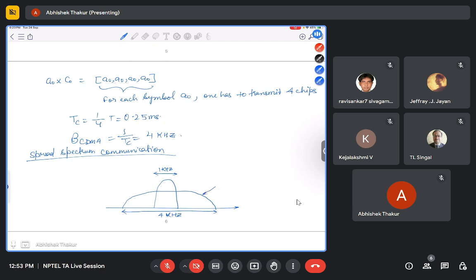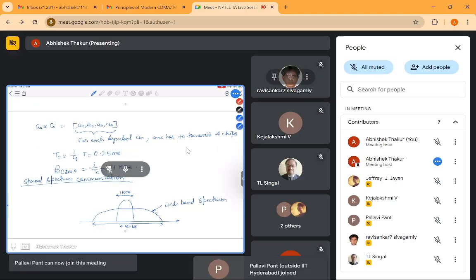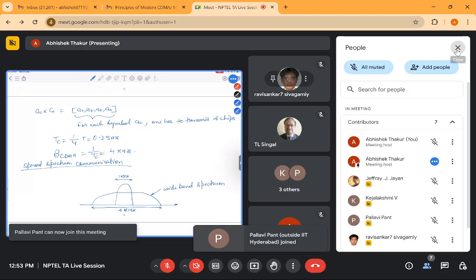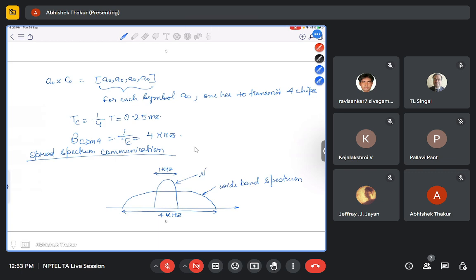So this is the wideband spectrum, and this is the narrowband signal.